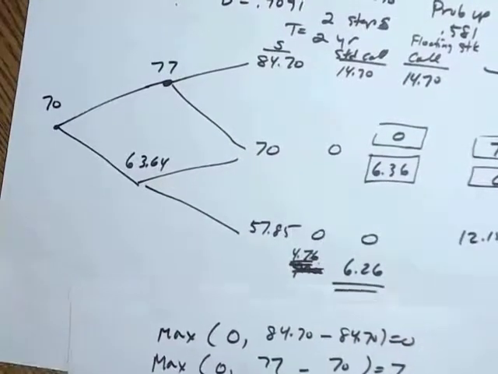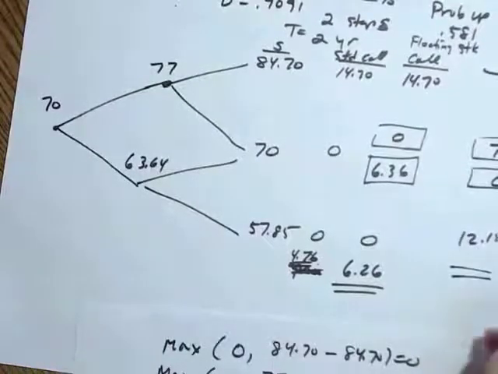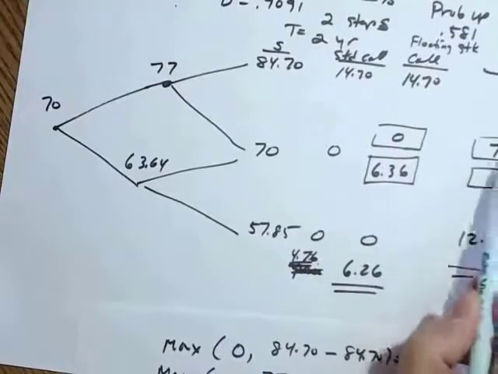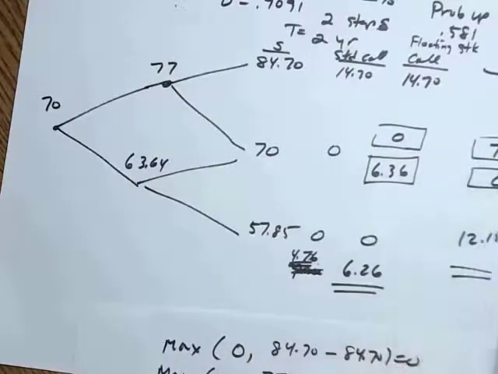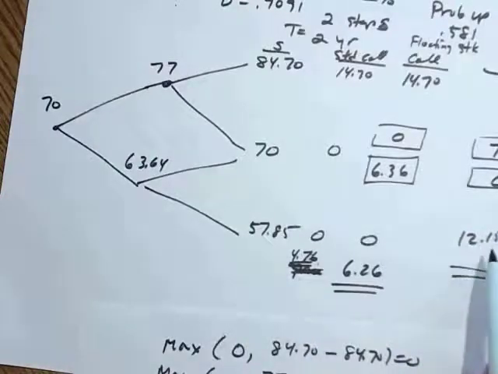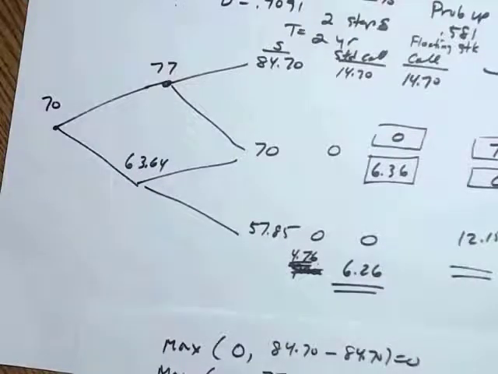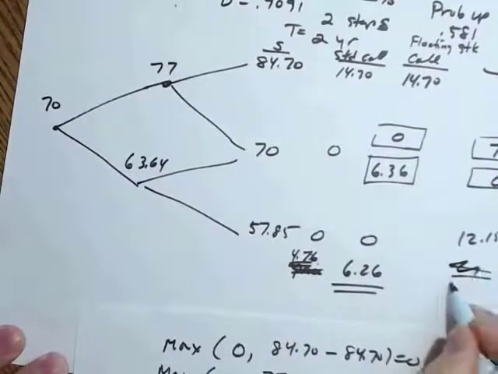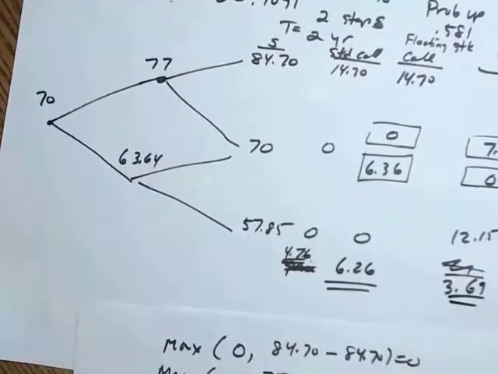Now, if you discount these back, adjust for the probabilities, about 0.419 times 0.419, and then discount it at 2%, like we did before, we will come up with a put value of $3.69.